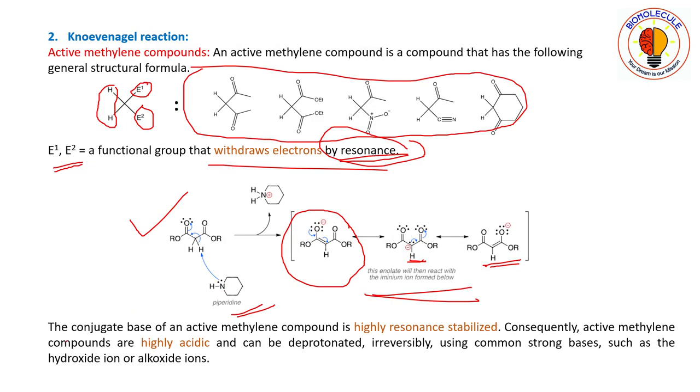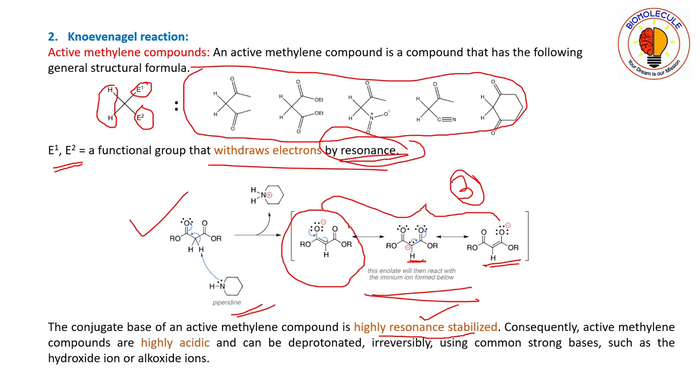So the conjugate base of an active methylene compound is highly resonance stabilized. We can see from here that it has three resonating structures.